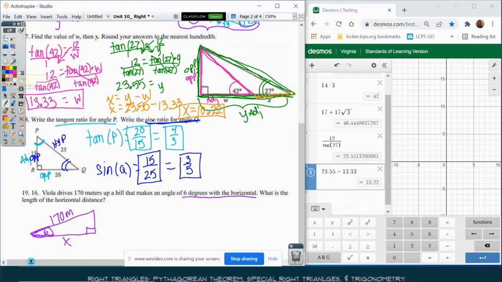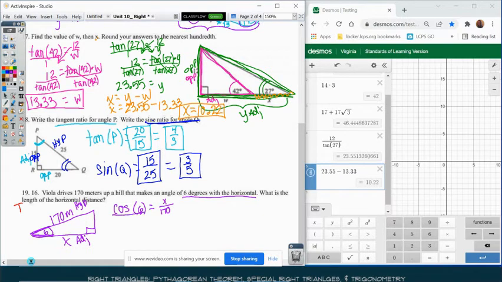Hope that you recognize that we are given a side, given an angle, looking for a side. So that's going to certainly be a trigonometry problem for us. From that reference angle of 6, we have an adjacent side and we have a hypotenuse side. That's going to indicate a cosine is coming into play. So cosine of my angle 6 degrees equals an adjacent x over a hypotenuse of 170.